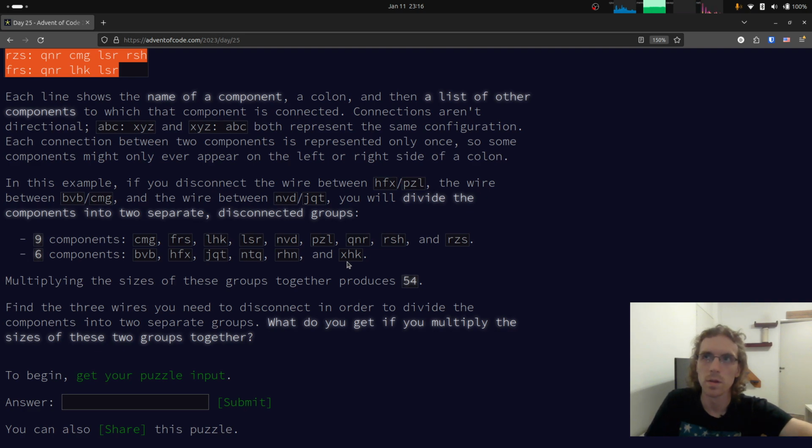Once you finish the search, you see how many you have counted as visited. And if that number is the same as the total number of nodes, you already know that everything is connected. And otherwise, you will have 2 components.